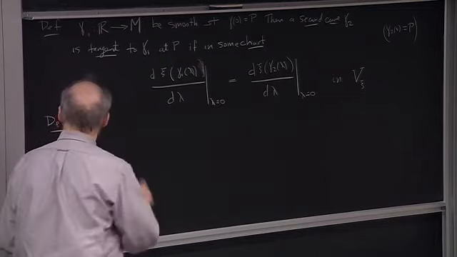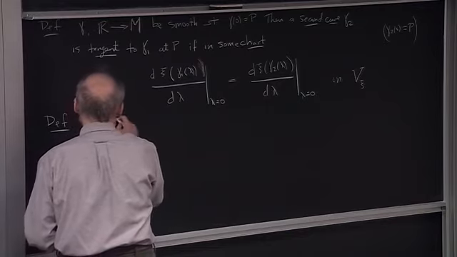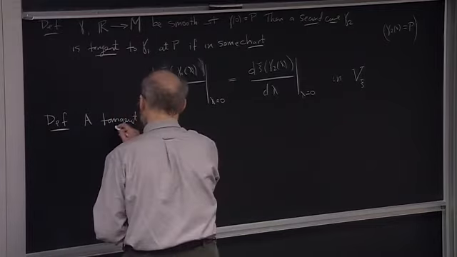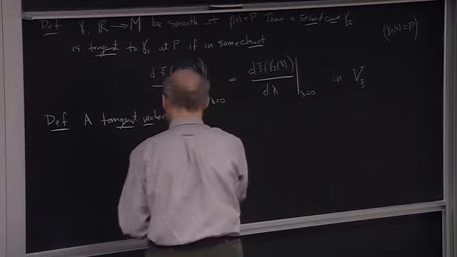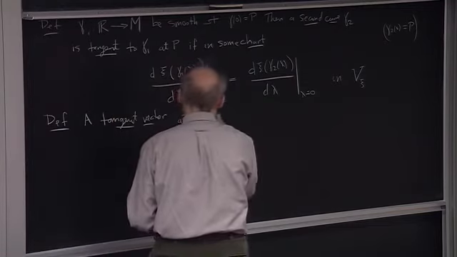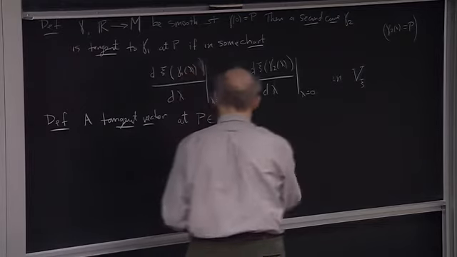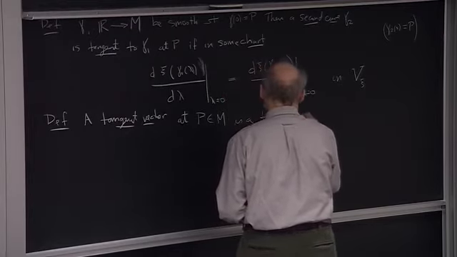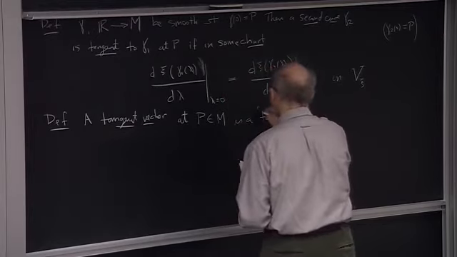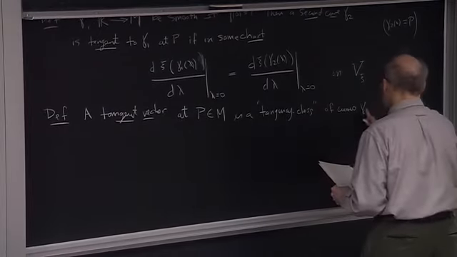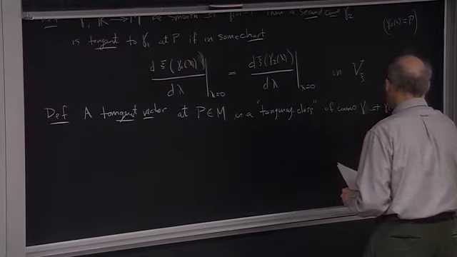Then this is just making precise what I said before. The tangent vector, or just called a vector, or most often you just say vector after you get used to tangent vector, at some point p in the manifold is a tangency class of curves gamma such that gamma of 0 equals p.